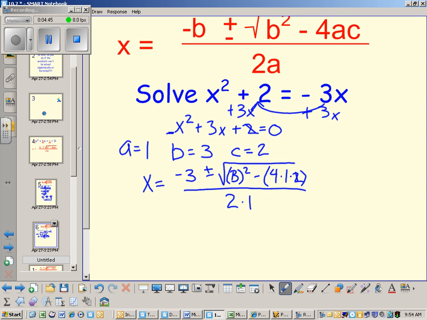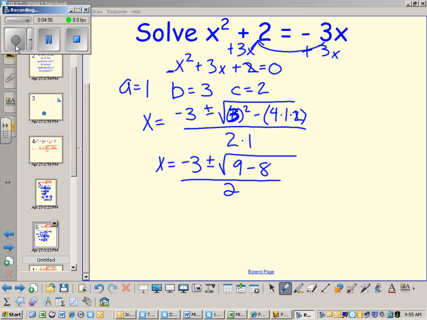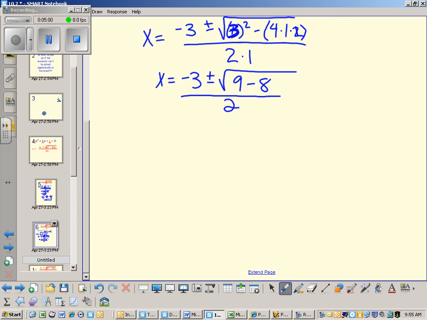So again, the next thing that we want to do is simplify that out. So we end up with x equals negative 3 plus or minus the square root of 9 minus 8 all over 2. So x equals negative 3 plus or minus the square root of 1 over 2.